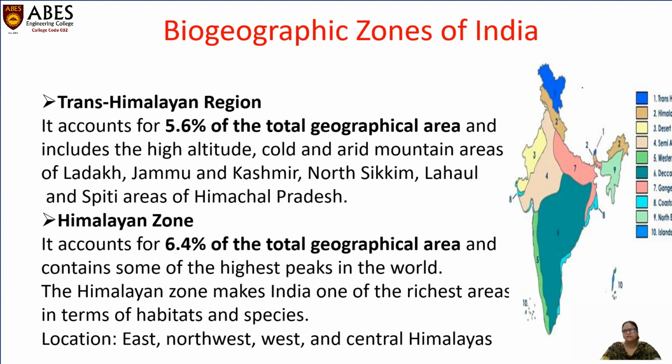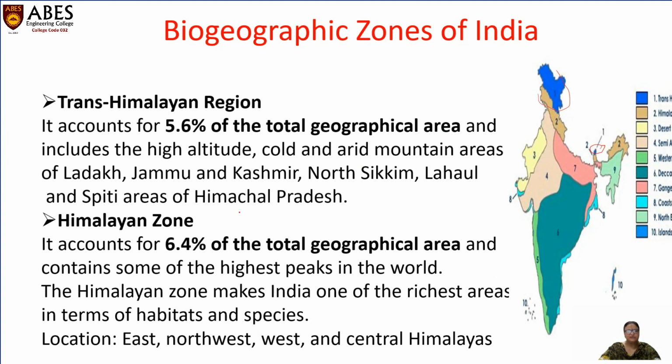In this diagram, we can see that this is the Trans-Himalayan region. It accounts for 5.6% of the total geographical area of the Indian region.